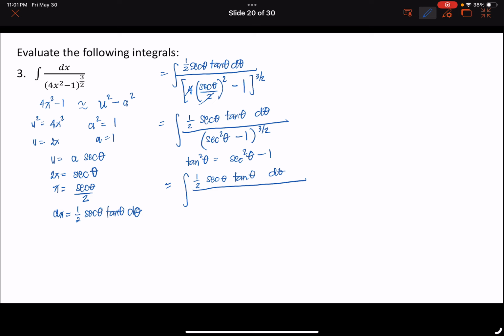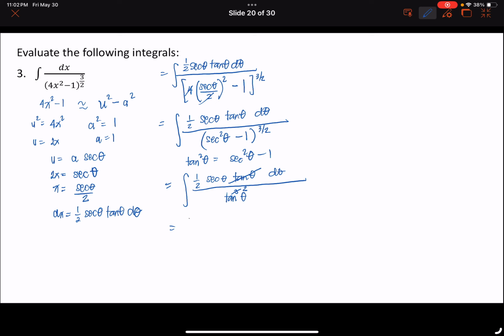So tangent squared square root is tangent cubed theta. We can cancel this. What's left is tangent squared theta.